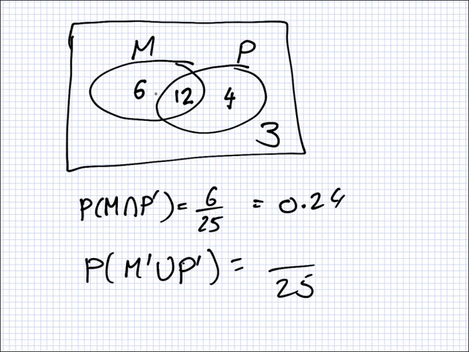How many non-physics people are there that you didn't count in your 7? 6. So 7 and 6 is 13, so that's 0.52.